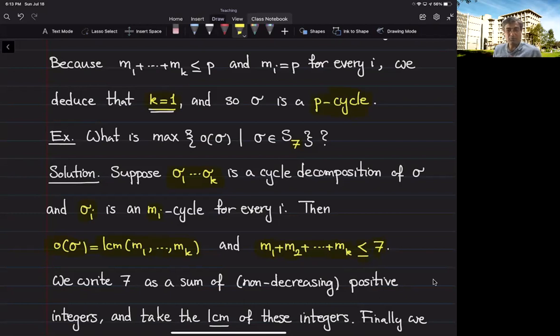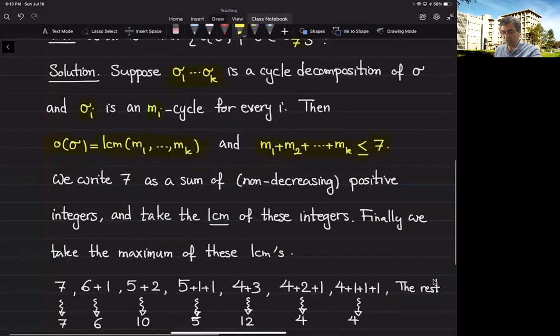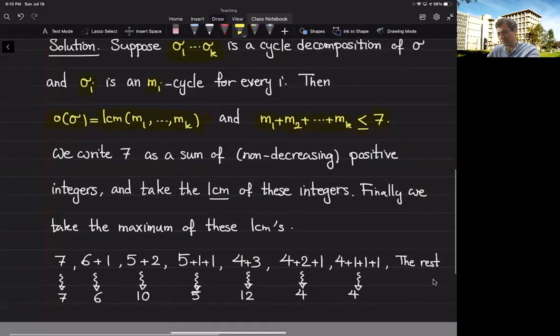Why not be greedy: if there is something remaining, I can add it to the list and make the least common multiple possibly larger. So I'm going to write 7 as a sum of non-decreasing positive integers, then take the least common multiple and try to find the maximum of such least common multiples. Okay, let's try some of them, maybe not all of them.